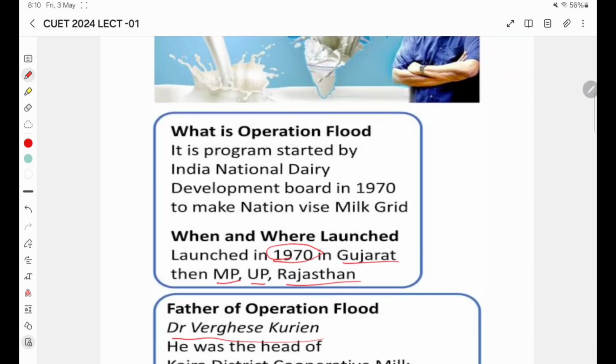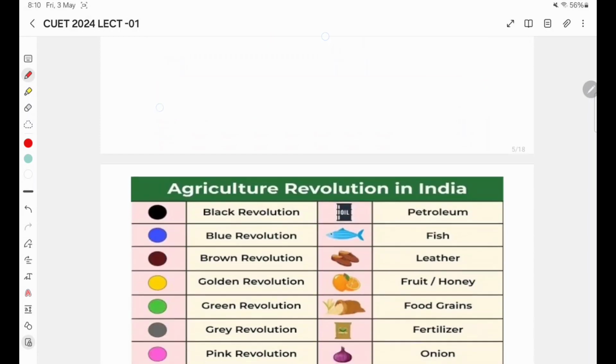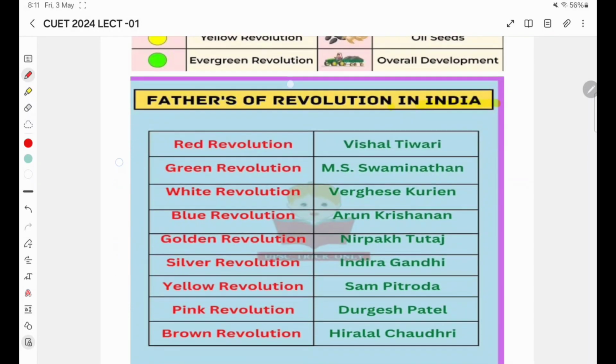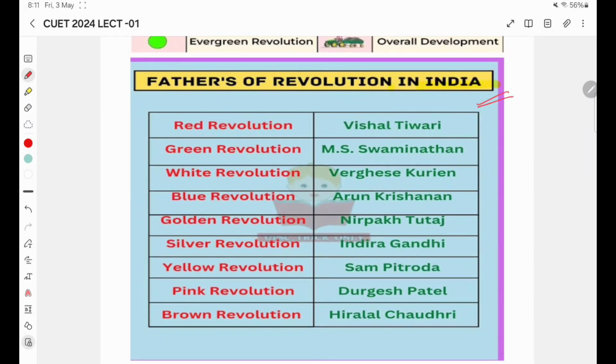Okay, so the main focus was to improve milk production. So this is all about Operation Flood, or the milk revolution. So for agriculture revolutions in India, here the revolution is given, the particular product is given, and the father of the different types of agriculture revolution is given.